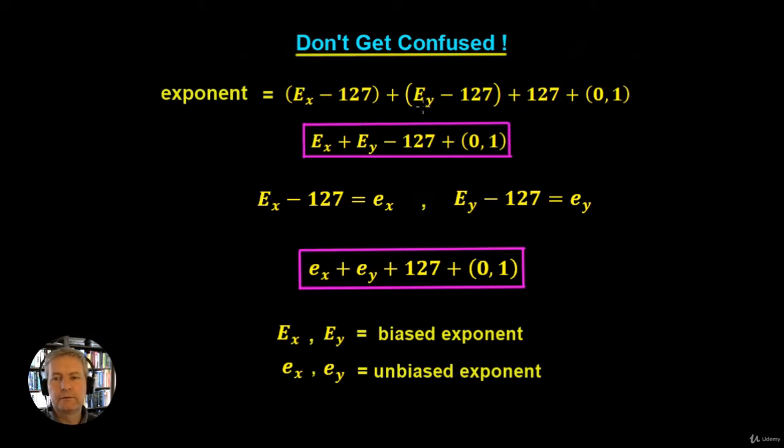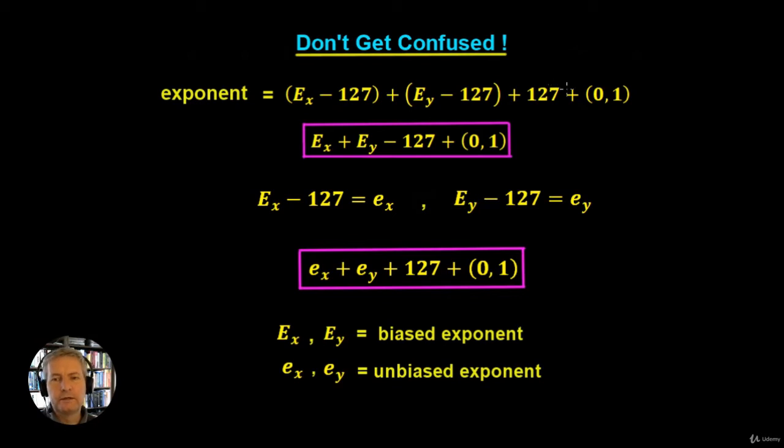Now we do the same thing for the Ey. We take away the 127 and we get access to the small ey. And then finally, once we've added the two unbiased numbers together, we therefore have to bias it again by adding on the 127. So we add on the 127 here.